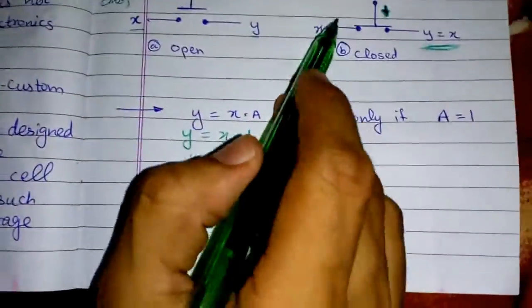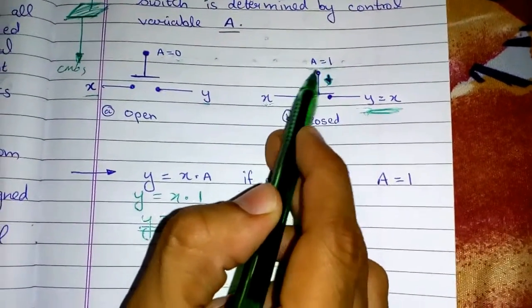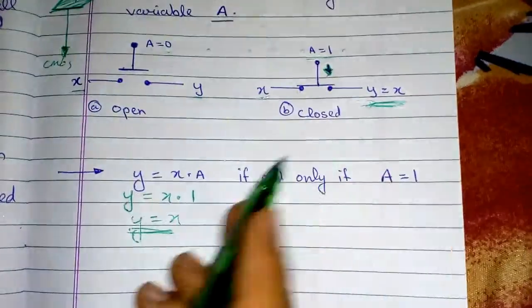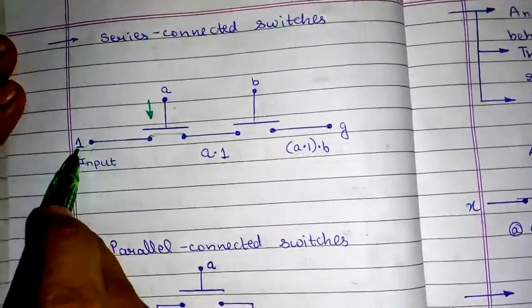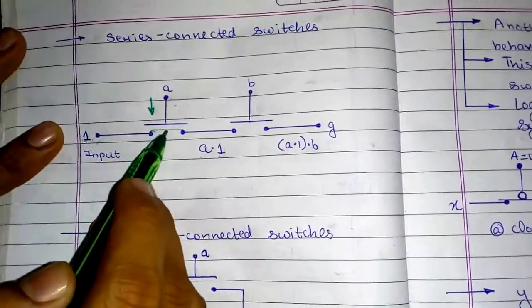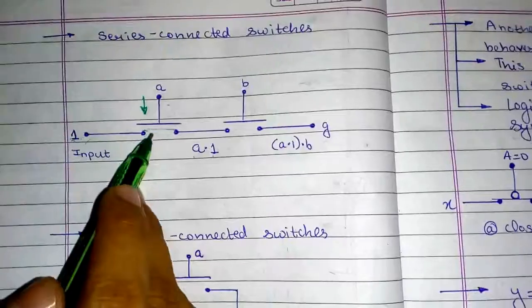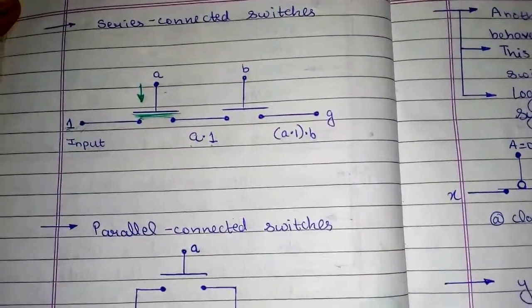Because previously I saw that X was multiplied by this control variable A, and that is why I got X into A. So in a similar manner, 1 multiplied by A will give me A into 1. This was when the first contact was made, when a switch was pressed down or it is closed.